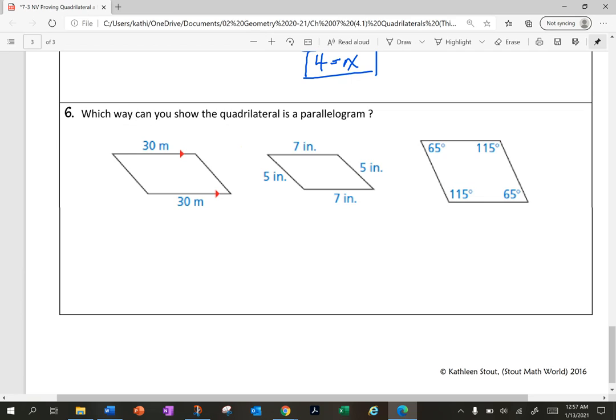Okay, so what property proves my diagram is a parallelogram? Is this property 1, 2, 3, 4, or 5? Number 6 is property 4, where I have opposite sides that are parallel and congruent.